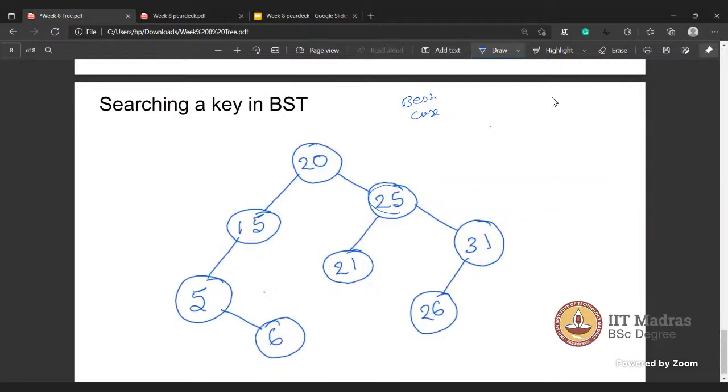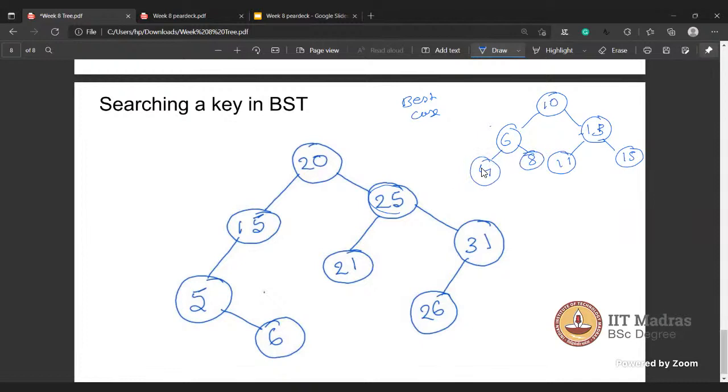Suppose a tree like this: 10, 9, 11, sorry, like 13, 11, 15, and like 6, 8, and 4.